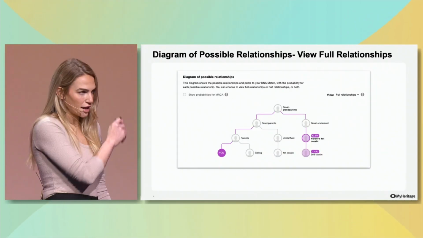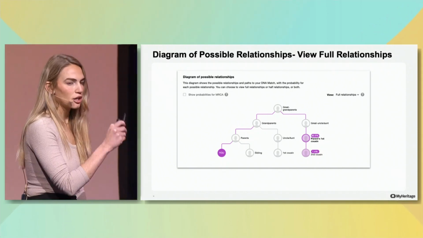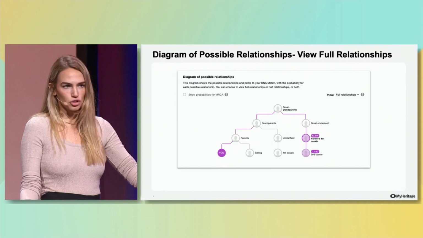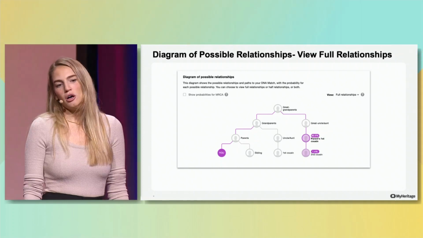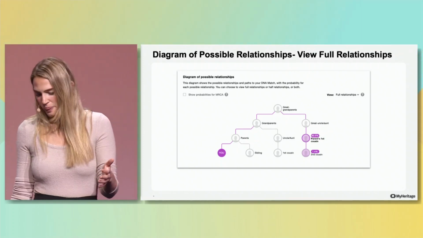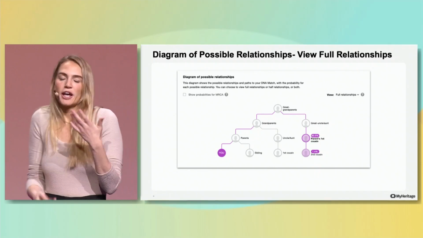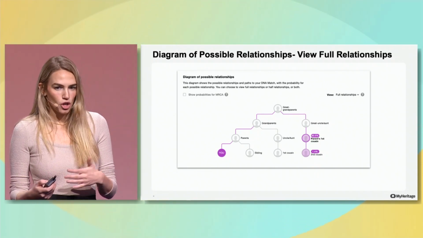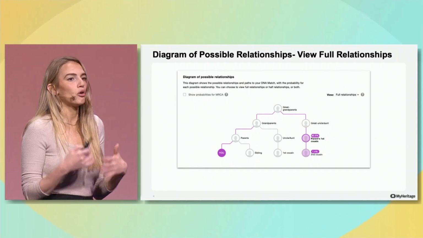Now let's go to the diagram below. After you click on Show More Relationships in Diagram, it will show more possible relationships if we found more, and also the diagram. And the diagram is actually a visual aid for you to identify the path to your DNA match. So it's not your family tree.